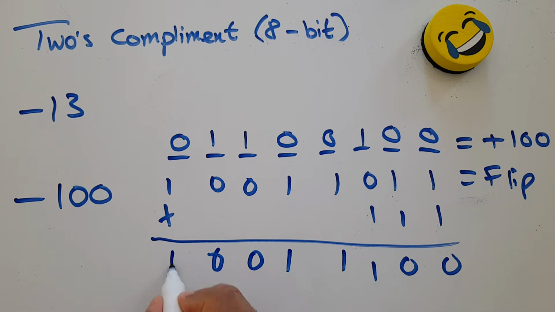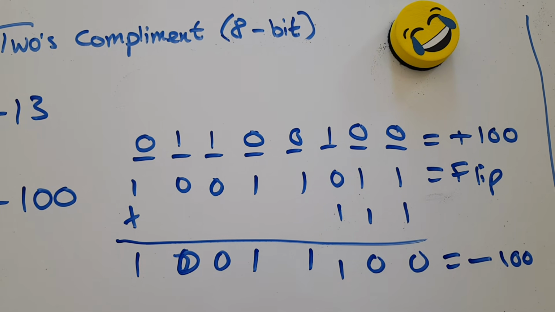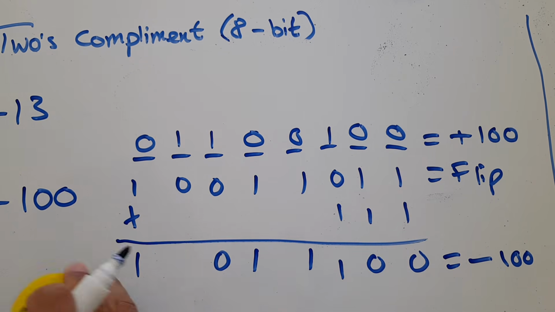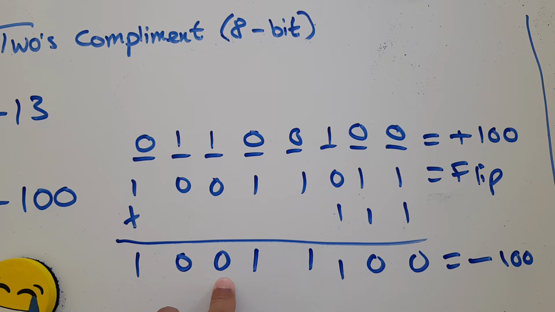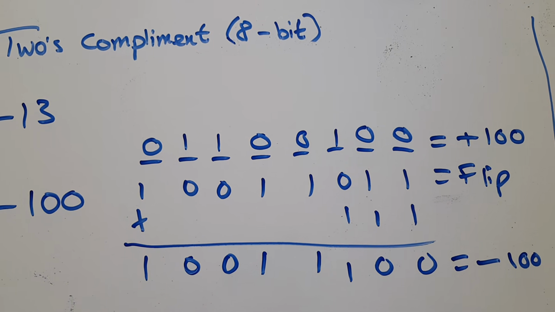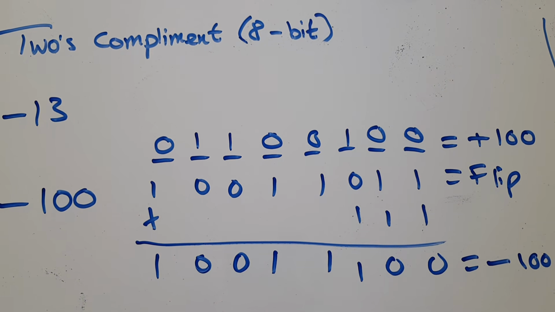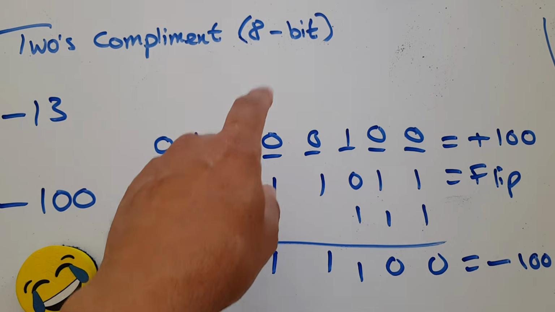So the binary for minus 100 should be 1, 0, 0, 1, 1, 1, 0, 0. And that's it. That's how we express negative numbers using the 2's complement and 8 bits.